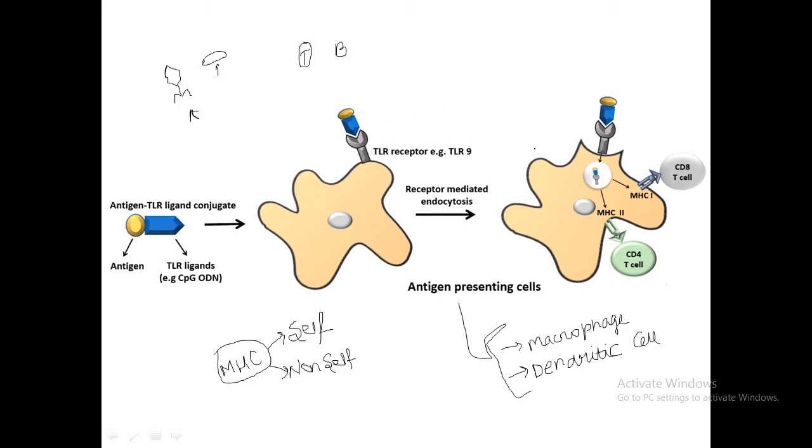All these antigen presenting cells play a very important role in presenting this processed antigen together with the MHC molecule on the cell surface, where they get recognized by these T cells, the cytotoxic T cell, the CD8, and the CD4, that will involve the B cell process or antibody mediated clearance. In this video we will discuss this cytotoxic T cell mediated clearance.